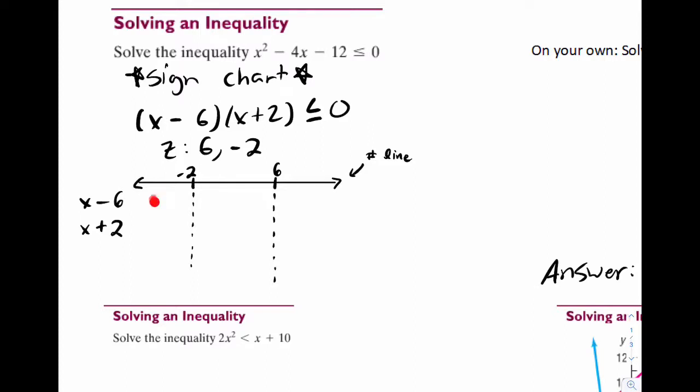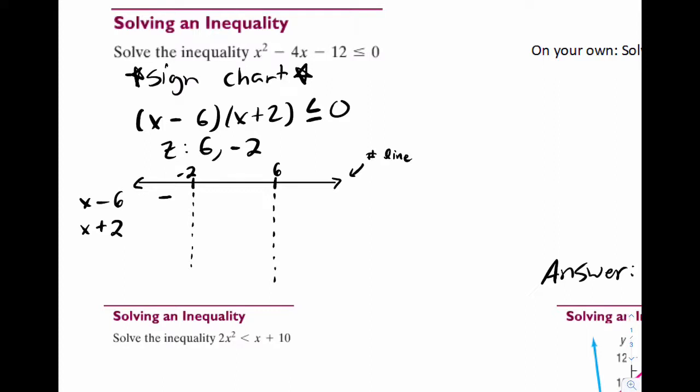For this first region, we want to plug in a number that's less than negative 2. Let's say I plug in negative 4. Negative 4 minus 6, you don't have to calculate that, just think if it's positive or negative. That's clearly going to be a negative number, so you write a negative right there.